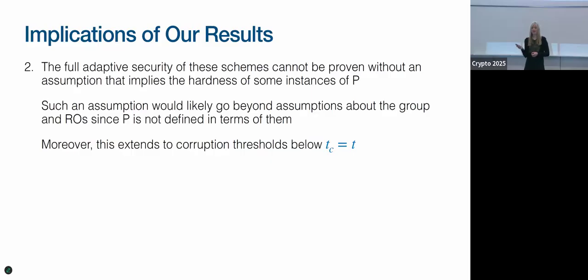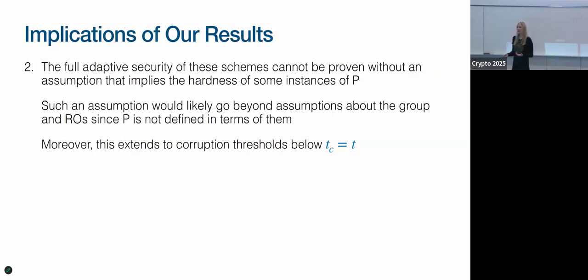Moreover, even if P turns out to be hard, ultimately our results show that the full adaptive security of these schemes cannot be proven without an assumption that implies the hardness of some instances of this problem. So in particular, if a scheme is fully adaptively secure, this must mean that the problem P is not solvable in polynomial time. Now I say an assumption; for the rest of this talk, we can just assume that this is a new assumption.